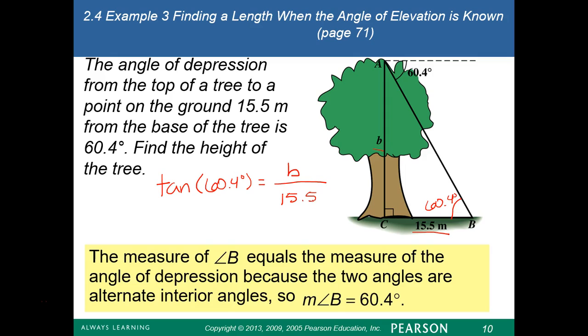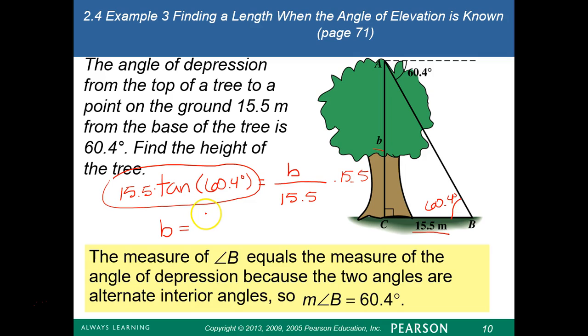Now solve for B. Multiply both sides by 15.5 and plug this into your calculator and give me an approximation for what B is equal to.